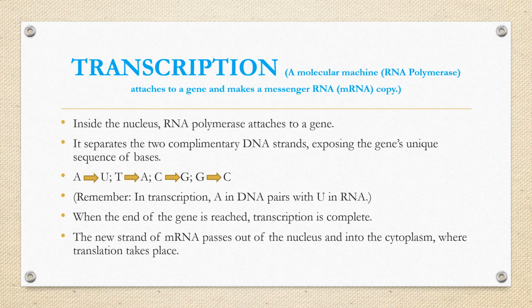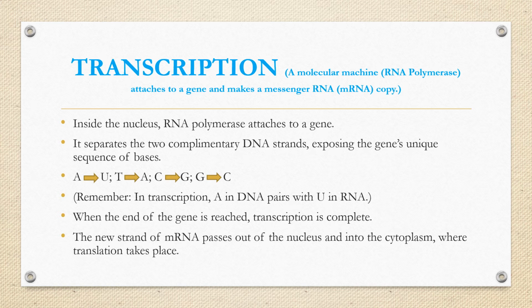So again, transcription is a molecular machine, or RNA polymerase, attached to a gene that makes a messenger RNA, or mRNA, copy. Inside the nucleus, RNA polymerase attaches to a gene. It separates the 2 complementary DNA strands, exposing the gene's unique sequence of bases.